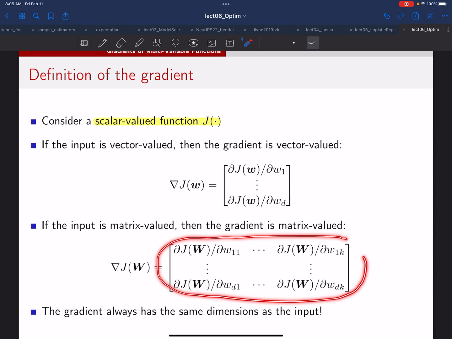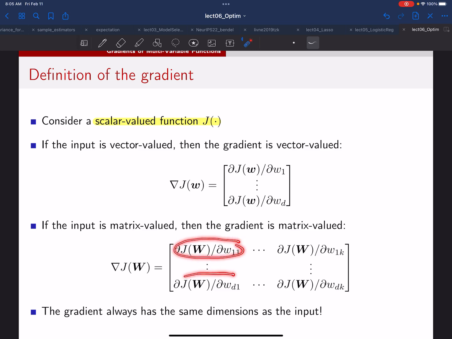The gradient will have the same shape as W, and it's again just the partial derivatives with respect to each of the components of W, arranged in the same way as W. So no matter what, the gradient always has the same dimensions as the input. Later on in the course, we'll be talking about tensors, which are 3, 4, 5 dimensional objects. Matrices are 2-dimensional. For those you can define the gradient again in the same way. Whatever the shape of W, the shape of the gradient is the same.